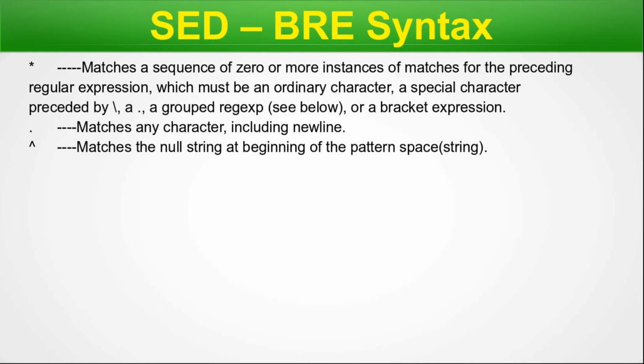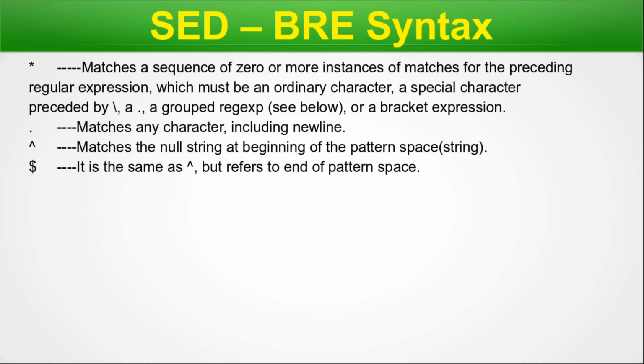Caret matches the null string at the beginning of the pattern space, that is string. Later I will come to the different examples of sed, and there you will see how these characters are being used. Dollar matches the same as caret but refers to the end of a pattern space.